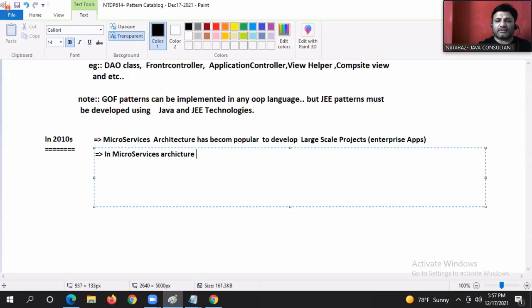Microservices architecture or micro architecture, both are one and the same.